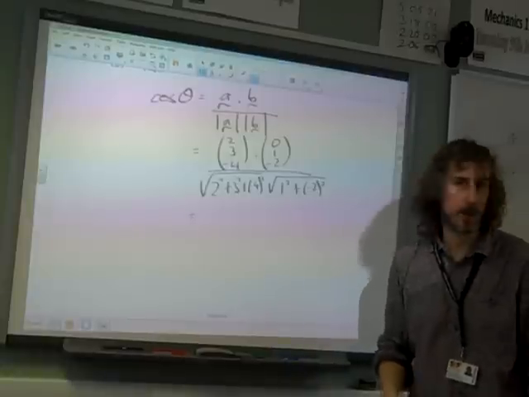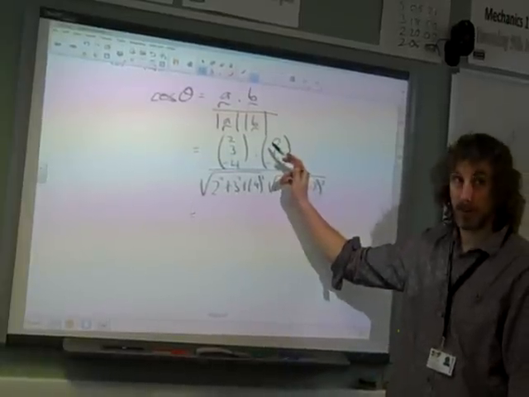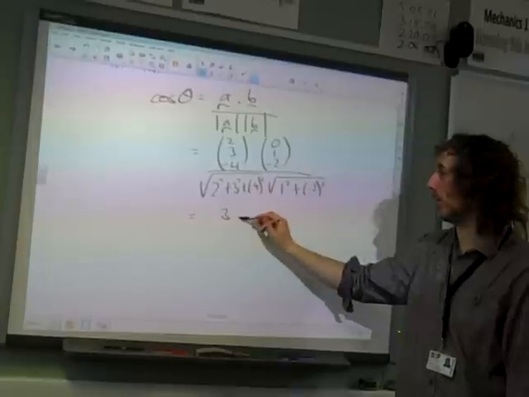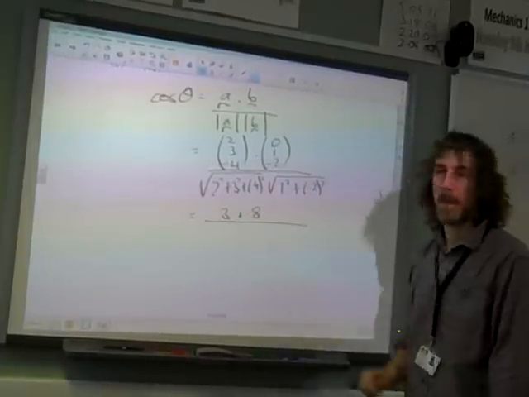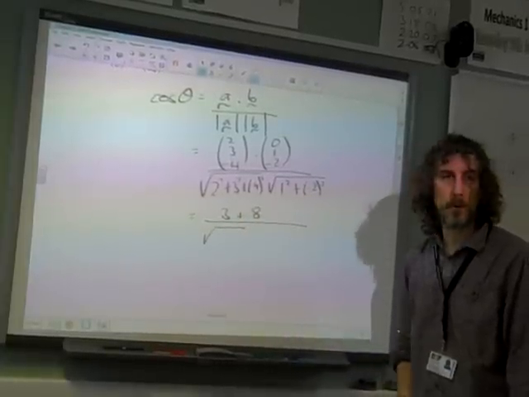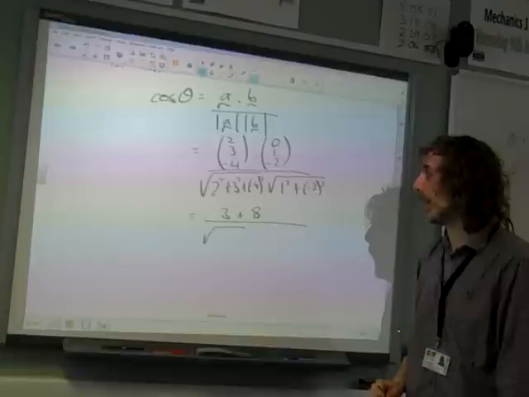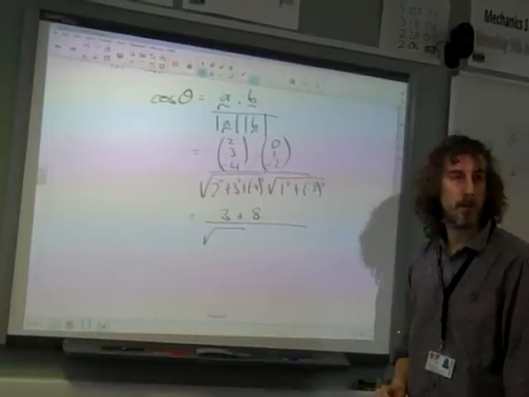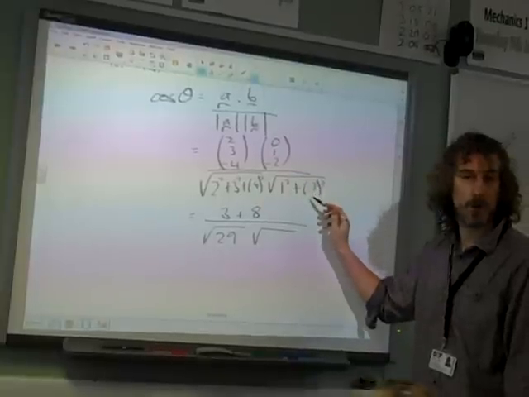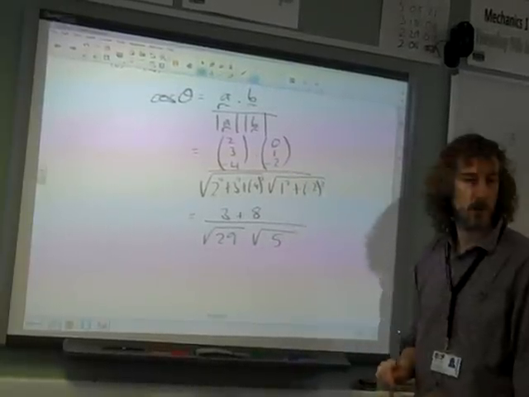The top line gives us 2 times 0, plus 3 times 1, plus minus 4 times minus 2. The bottom line gives us the square root of 2 squared plus 3 squared plus 4 squared, that's 16 plus 9 is 25, plus 4 is 29. And this one is root 1 squared plus 2 squared, which is root 5.